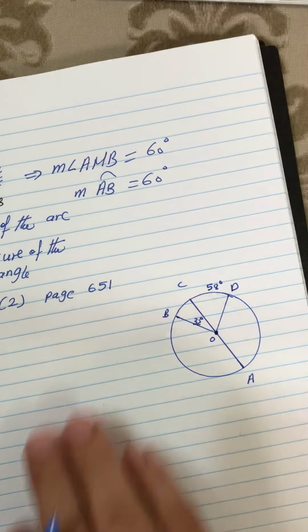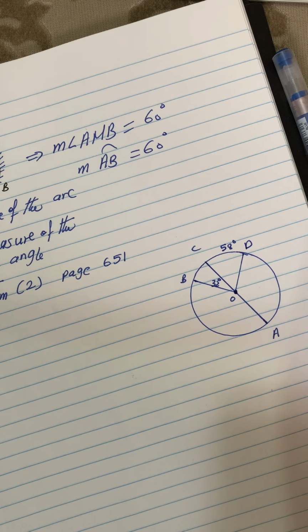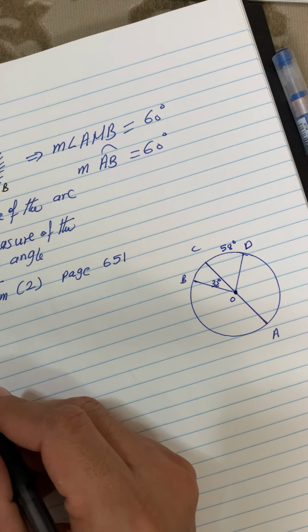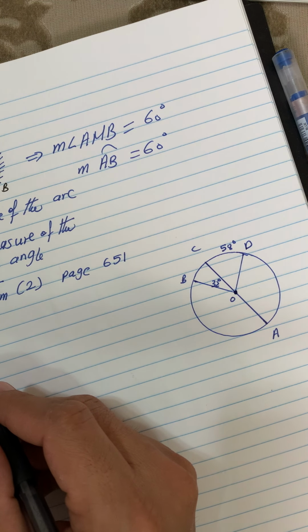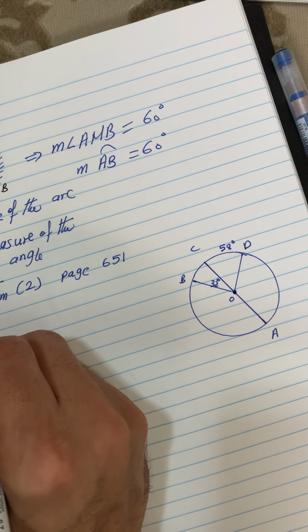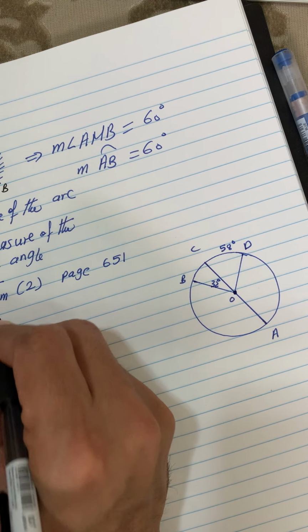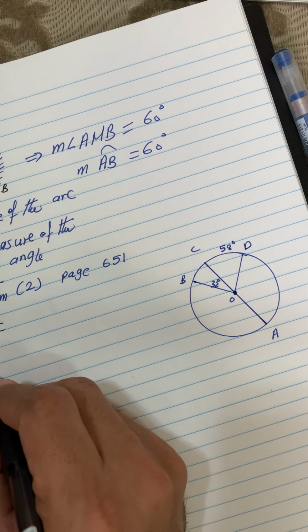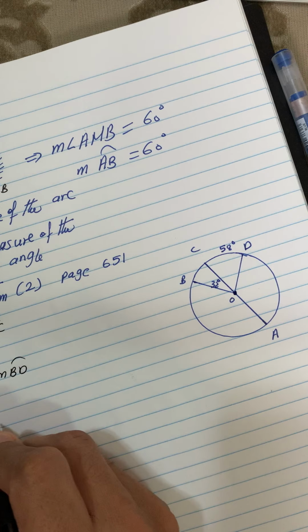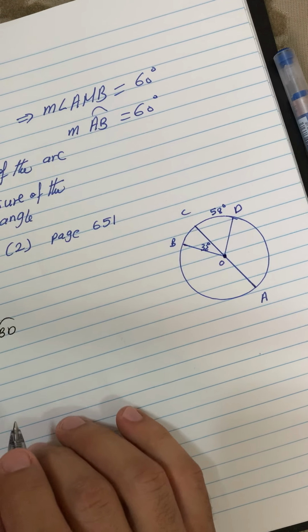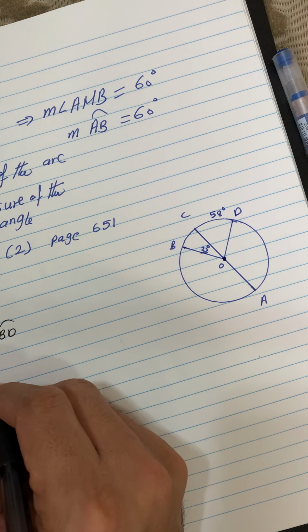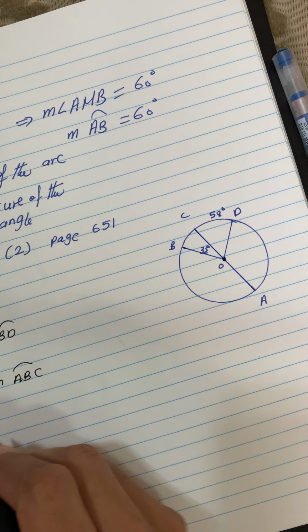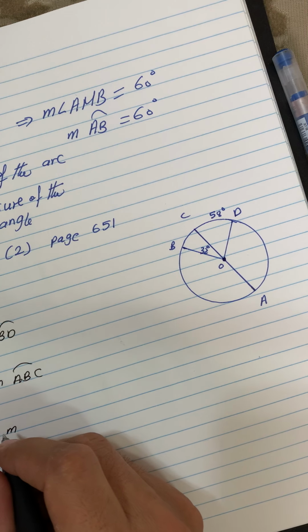We are required to find: number 1, the measure of arc BC; number 2, the measure of arc BD; number 3, the measure of arc ABC; number 4, the measure of arc AB.